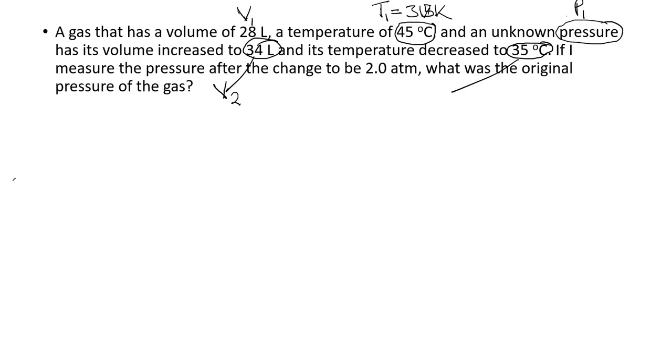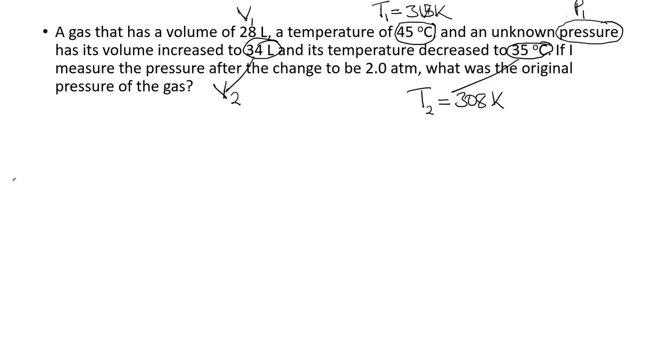So T2 is equal to 308 Kelvin, because that is 35 plus 273 Kelvin, which is 308 Kelvin.